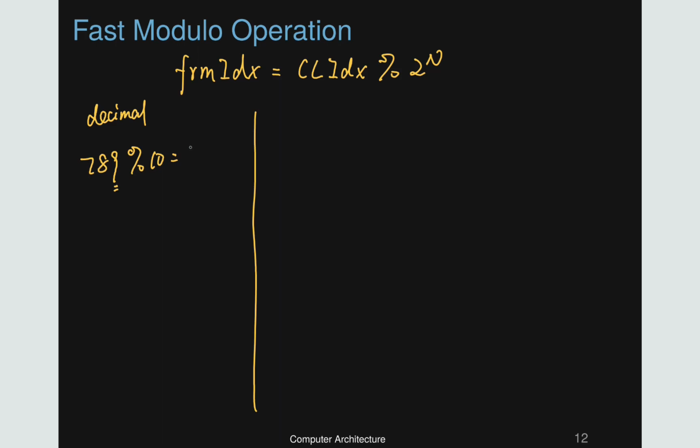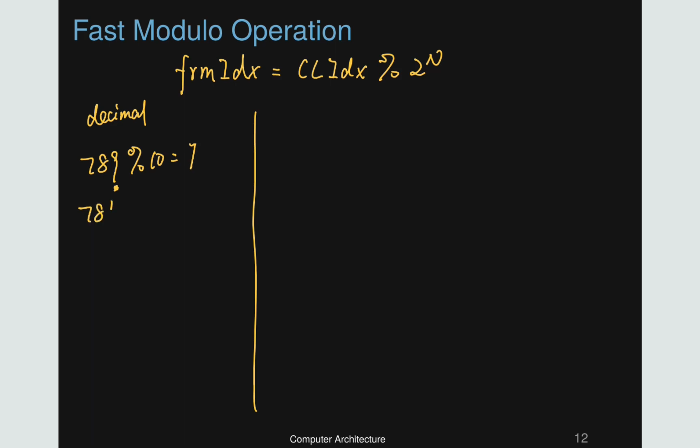So 789 modulo 10 is effectively going to be 9. All we need to do is take the last digit, because this is a decimal number whose base is 10. So modulo over 10 is effectively just taking the last digit out, and it gives us the answer.